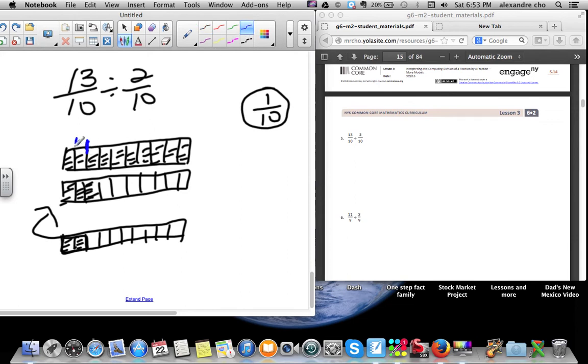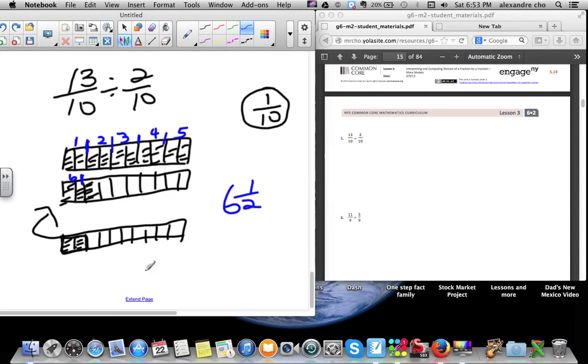That's 1, 2, so that's once, another 2, twice, another 2, 3, another 2, 4, another 2 over here, 5, another 2, 6. So you can fit it in 6 times, right up to here. And then you're trying to fit the 2 in this last tenth here, but out of the 2 pieces, you can only fit 1 out of 2. So your answer is 6.5.